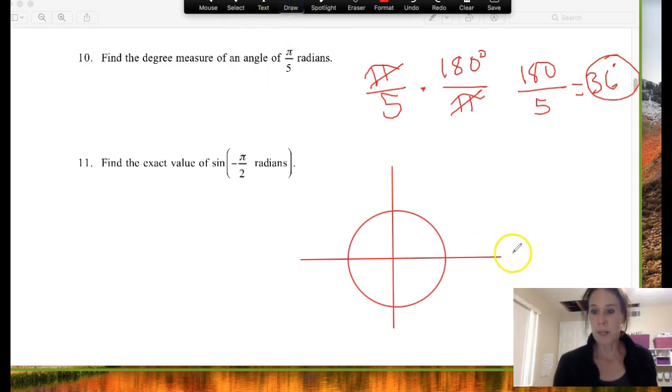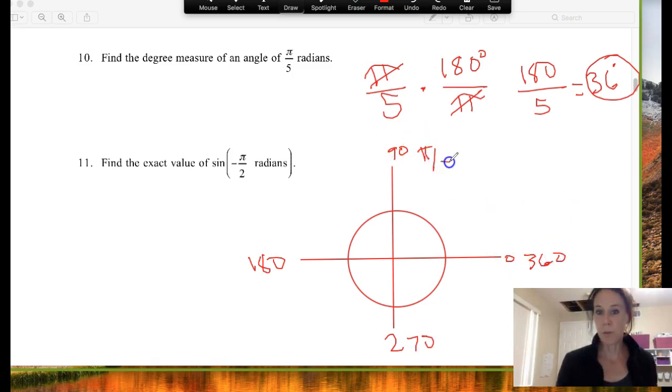What does that mean? If this is 0, 90, 180, 270, then 360. In radians, this would be 0, pi over 2, pi, 3 pi over 2, and then 2 pi. So if I want negative pi over 2, I start here.